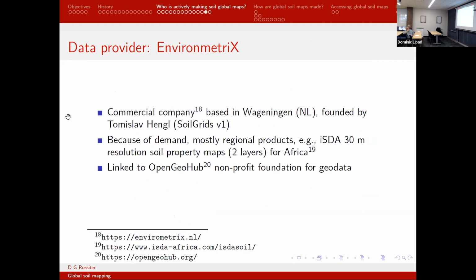Then another group, yet another of my students, was Tom Hengl, who was my PhD student some years ago. He worked at ISRIC, and he was behind SoilGrids version 1, and then he left to form his own company. They make mostly regional maps because of demand, and they work on contract, but they're very innovative, and they use very sophisticated techniques to make these maps.